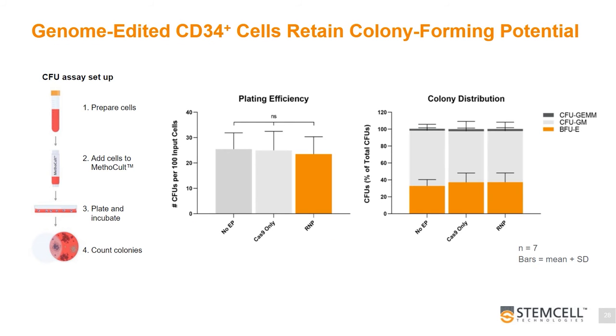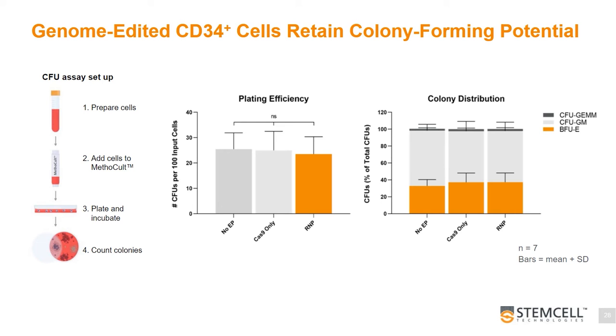In addition to immunophenotype analysis, we performed CFU assays to assess the effect of the optimized editing workflow on the numbers and frequency of functional progenitor cells. As shown on the schematic on the left, the cells after 6-day genome editing protocol were plated in methylcellulose medium and cultured for 14 days, followed by colony counting and classification.